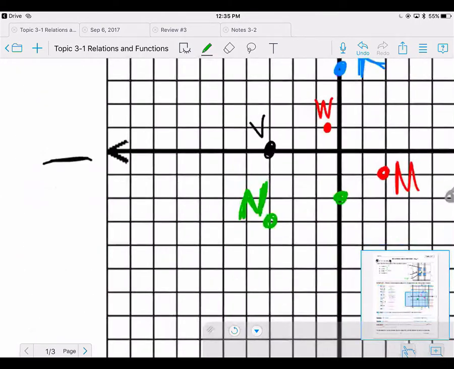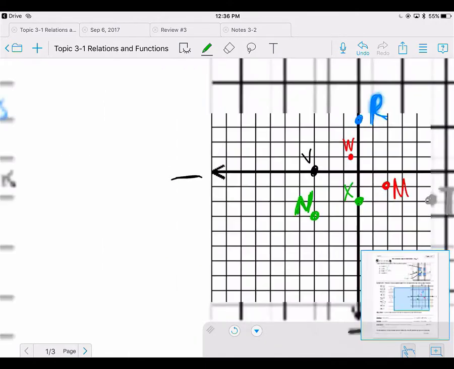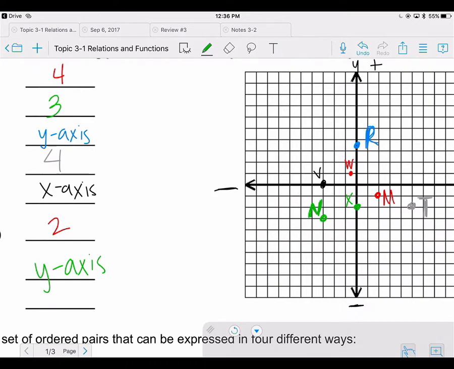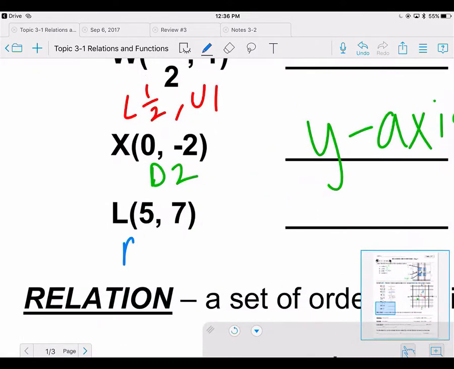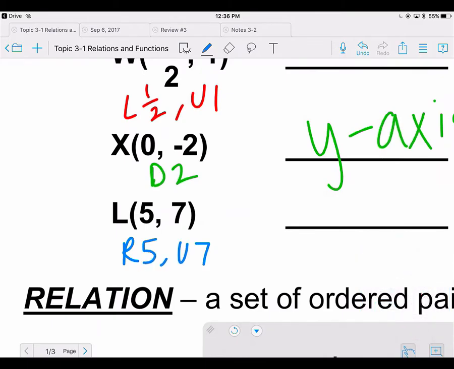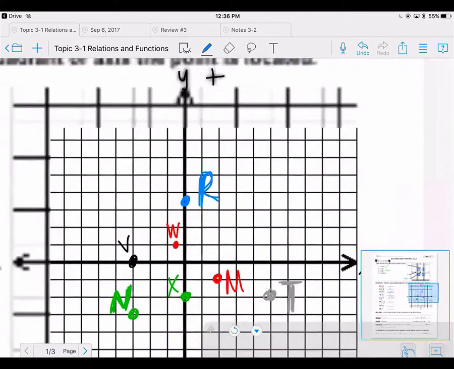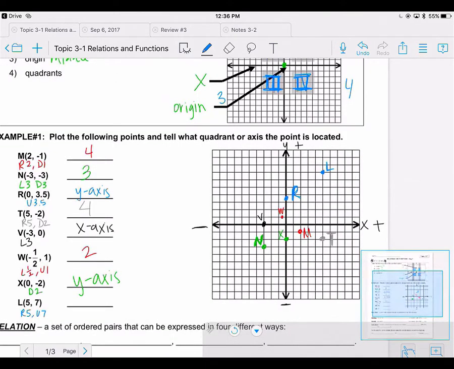And that's point X. So X is down 2, which would put us on the y-axis. And then 5, 7 would be right 5, up 7, positive, positive, so right and then up. So that would be L, and L would be in quadrant 1.